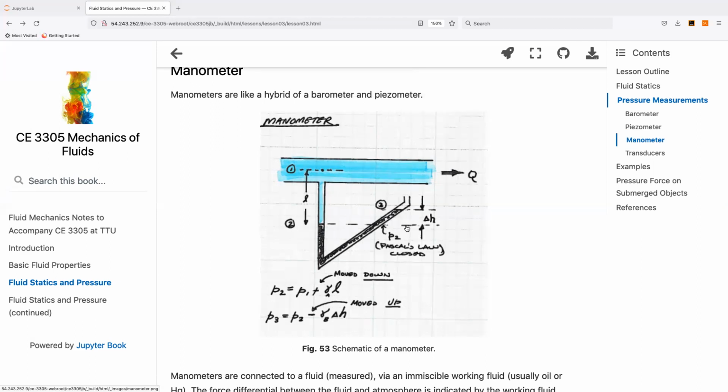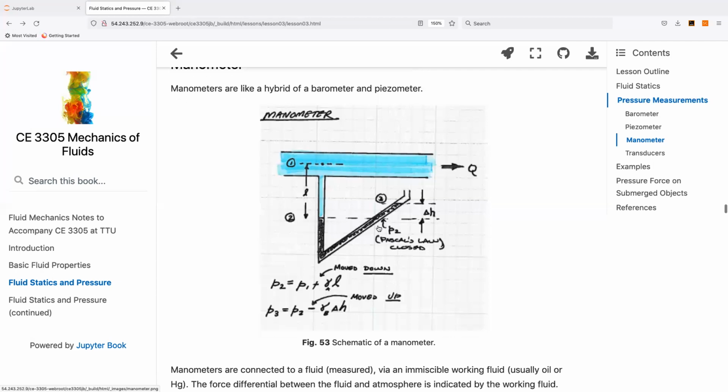So that's Pascal's law. And the thing that's being leveraged is the pressure at this point, at point number 2, moving at the same elevation into the same fluid. It's a continuous stream. Those two pressures are the same. The pressure for the little finger thing is at P2 and point number 2 are the same in that drawing.